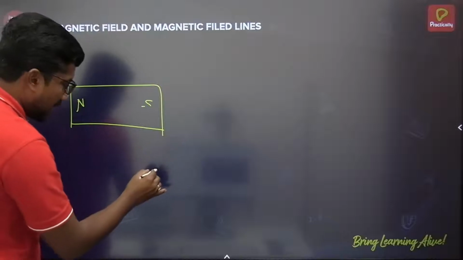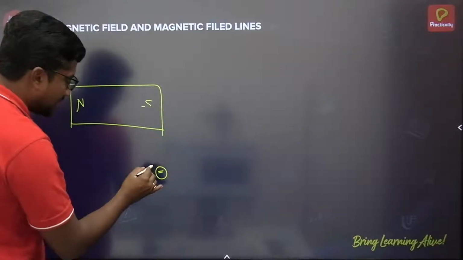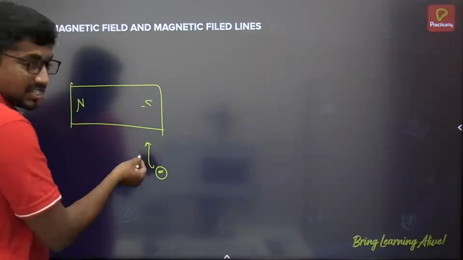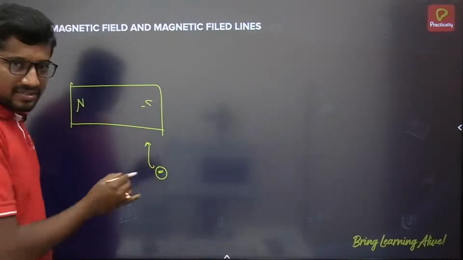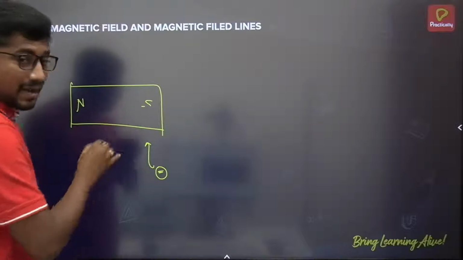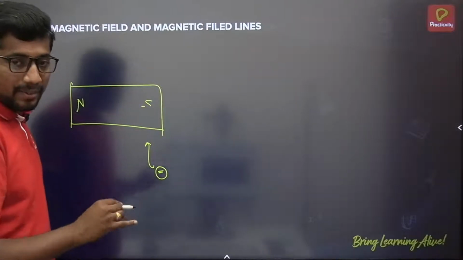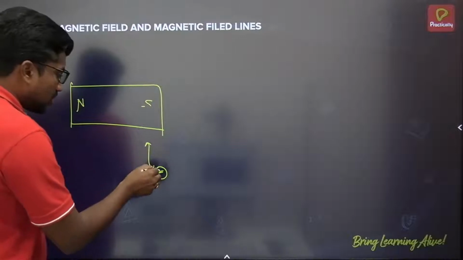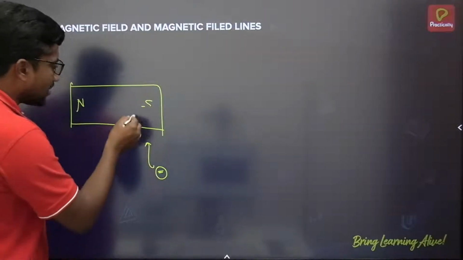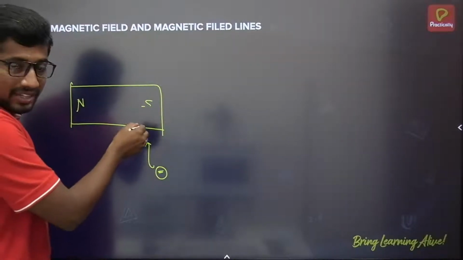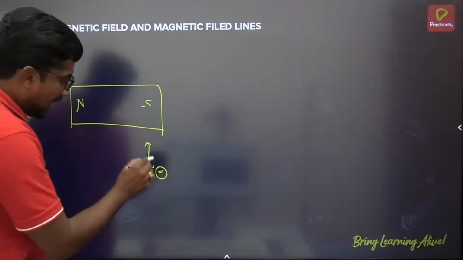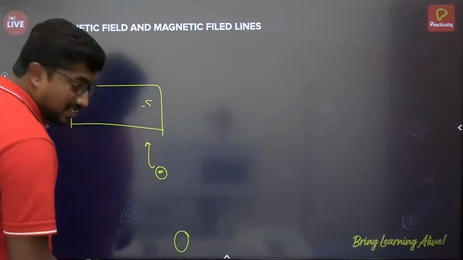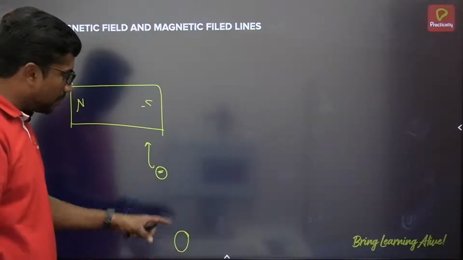Suppose I keep a magnetic object over here, then it can be either pulled or pushed away, depending on the nature of the substance, since magnetic force is both a repulsive and an attractive force. Let this be pulled by the magnet with the help of attractive force. Now in the next case I have placed the same object somewhere else, and in this case it's not pulled by the magnet.